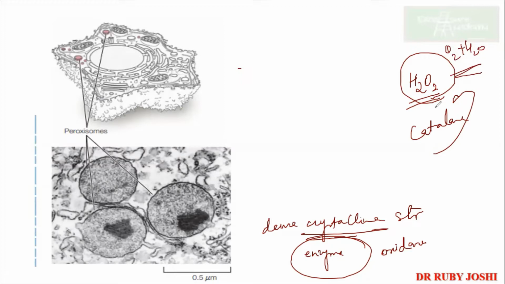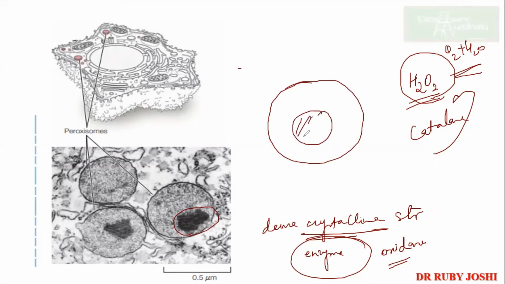So this crystalline structure is nothing but the dense structure of your enzymes, especially oxidases. Based on this, whenever a scientist or researcher sees a circular organelle with something dense at the central region, they identify it as the peroxisome.